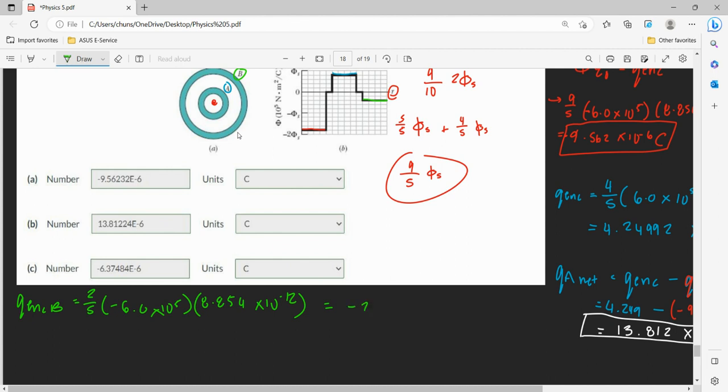And this is negative 2.124 times 10 to the negative 6 coulombs.